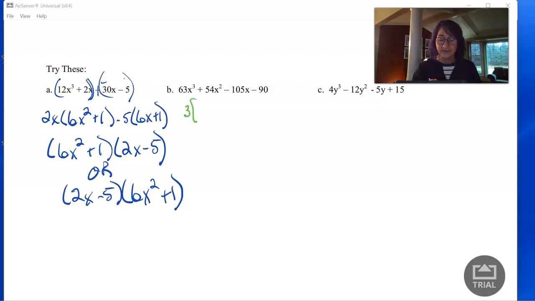Take out a 3. And when you take out the 3, you would be left with 21x cubed plus 18x squared. I'm going to change that to plus a negative, and 3 goes into 105, 35x, and then minus 30.